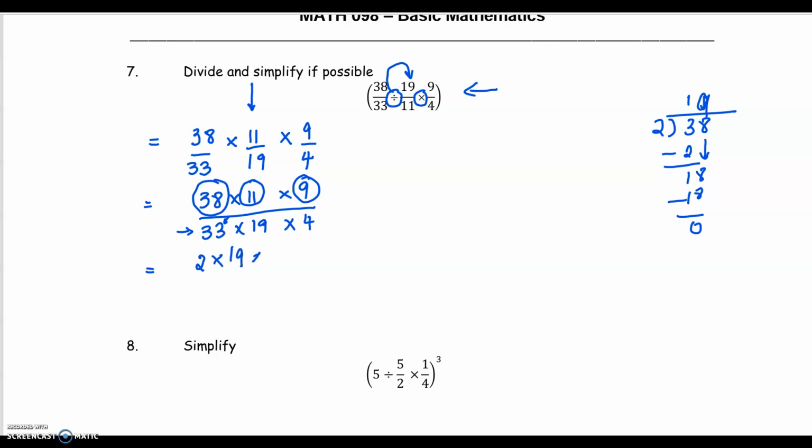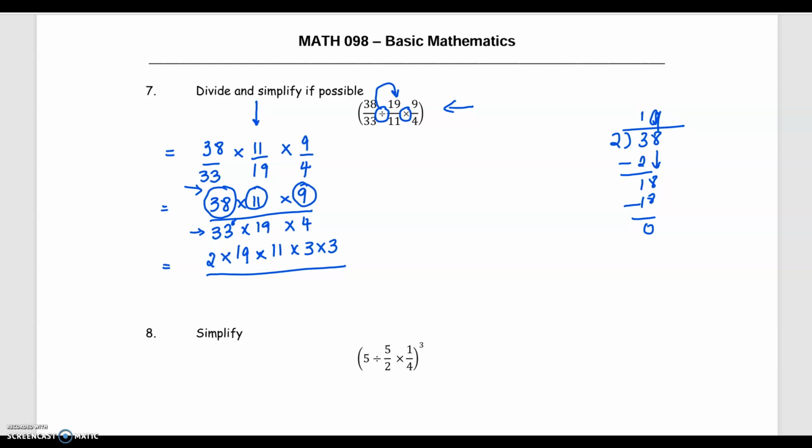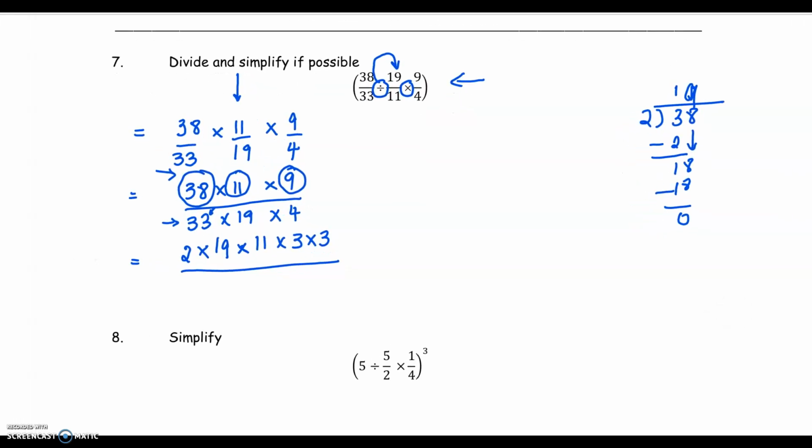Lucky for us, we have another factor that's going to get cancelled, and that's a big one, and that's a 19. And unless we split the 38, we didn't even know that 19 was hiding in here. So that was a good thing. So make sure you're breaking down all the numbers to some extent to catch these hidden factors that are not quite obvious.